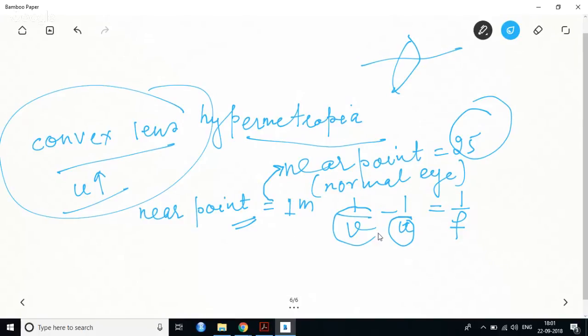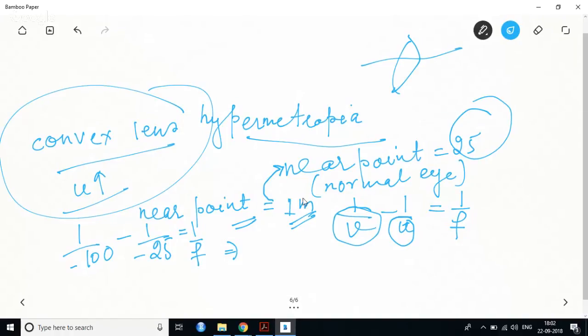And whatever is the actual near point of the eye, which is 1 meter here, I am keeping over here: 1 by minus 100 minus 1 by minus 25 is equal to 1 by f.